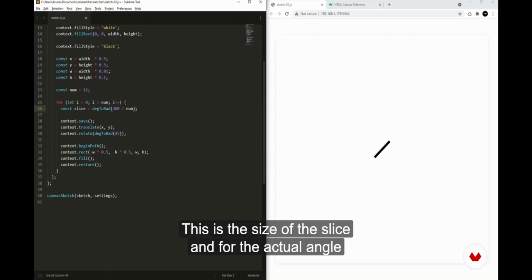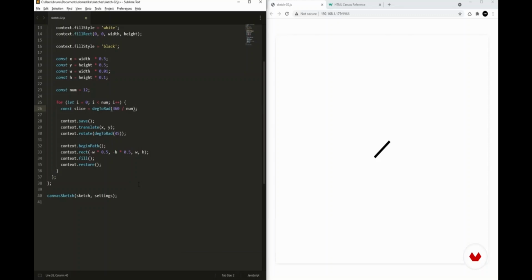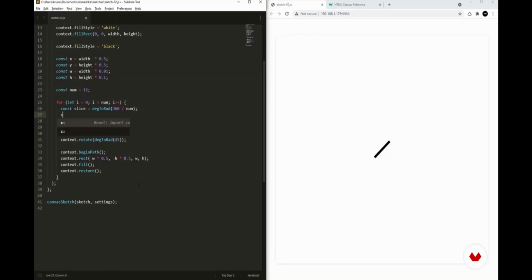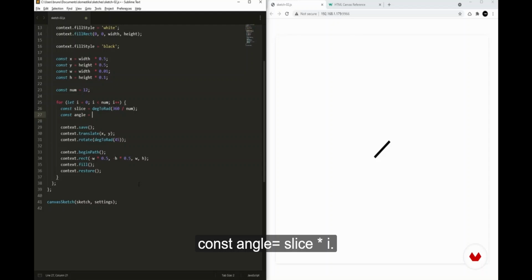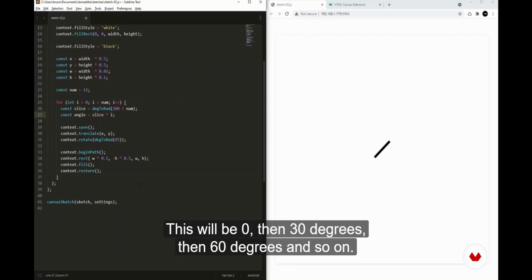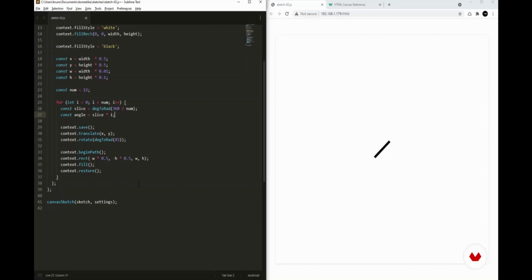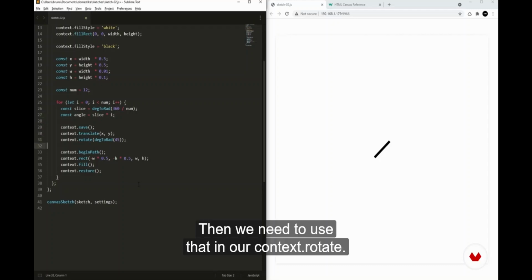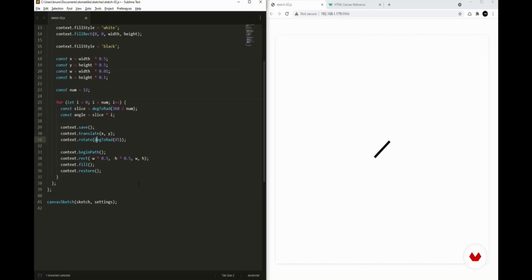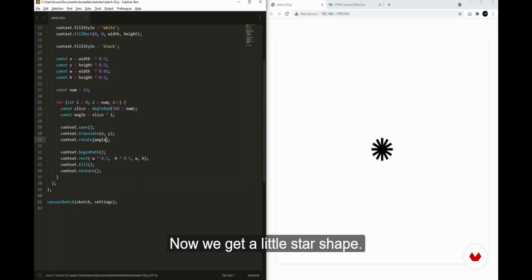This is the size of the slice, and for the actual angle, we need another variable. const angle is going to be slice times i. This is going to be 0, and then 30 degrees, and then 60 degrees, and so on. And then we need to use that in our context.rotate. And we get a little star shape.